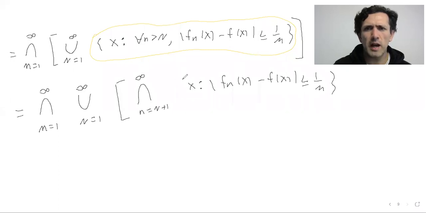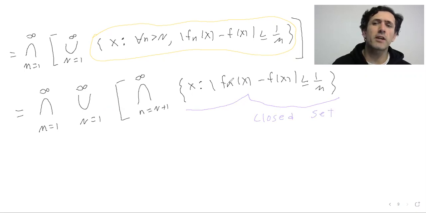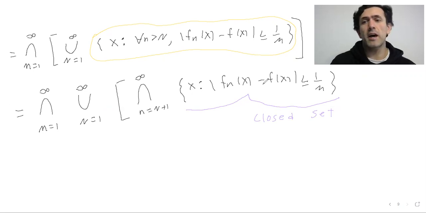So here's the beauty of doing this. What have we accomplished? We've accomplished a lot. I'm running out of colors here, I guess I'll use purple. You should know what kind of set this is. This is a closed set. Why? Each Fn is continuous. F is continuous. Fn minus f is a continuous function on the real line.